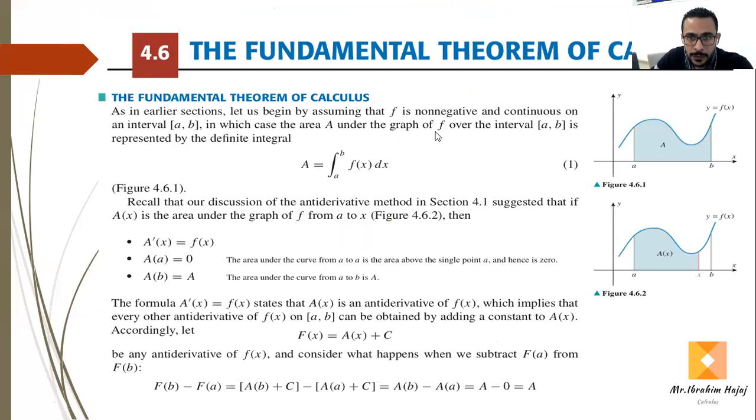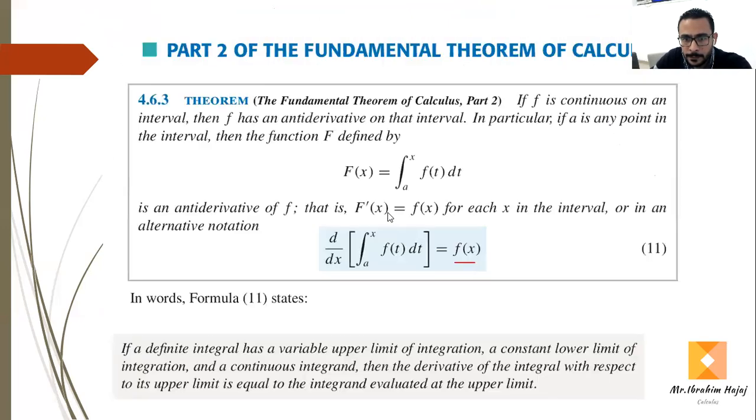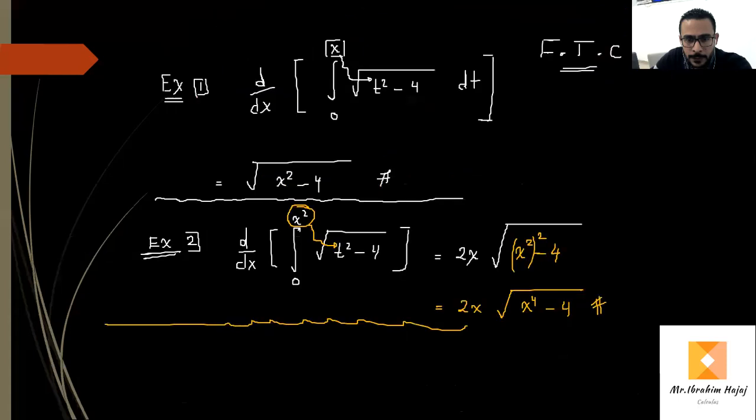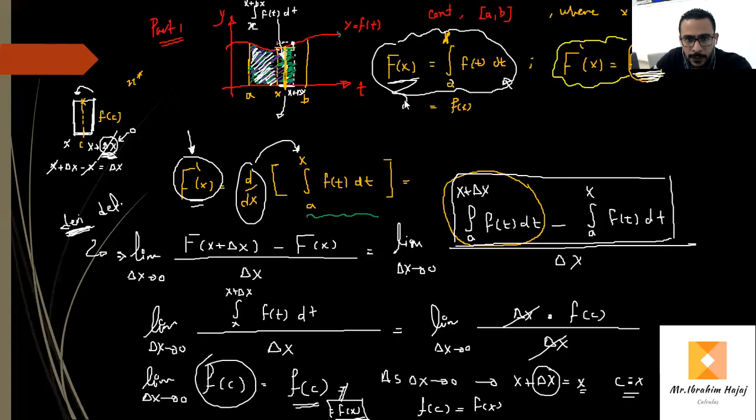Okay, yesterday, guys, we started this lesson, Fundamental Theorem of Calculus, and we explained all proofs of the first part of the Fundamental Theorem of Calculus. We said there's no need for all this.